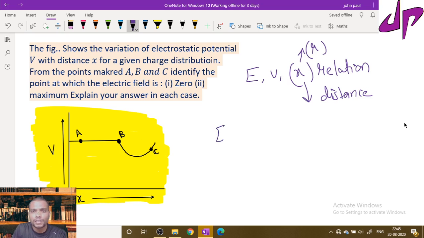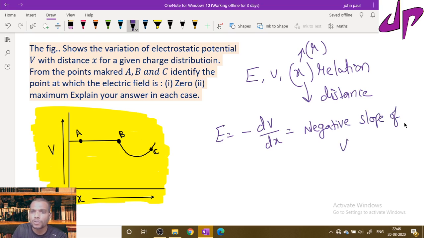So the electric field E equals the negative of dV by dx. We can also say that electric field equals the negative slope of the potential versus distance curve.